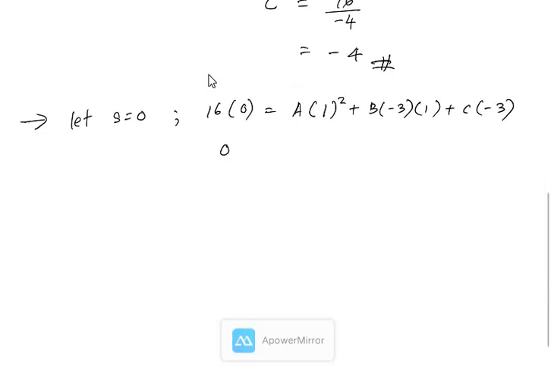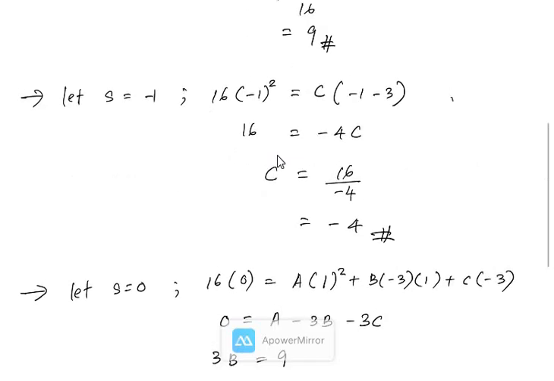So this is equivalent to 0 equals A minus 3B minus 3C. I bring the 3B to the left, and A is equal to 9.